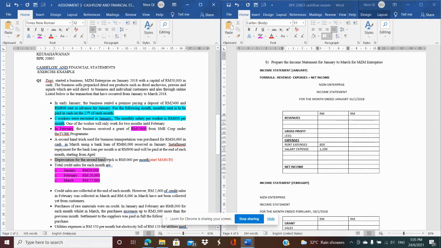Depreciation here, sorry, I have not highlighted. This is an expense, but this expense will start in March. So it's still an expense, but will start in March. So just to start, this is in February.